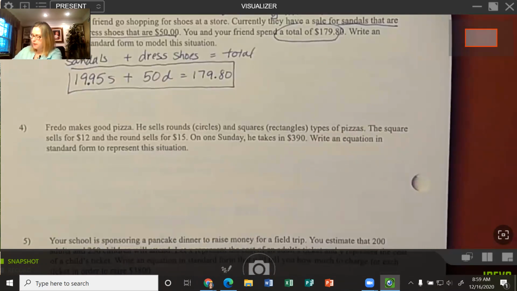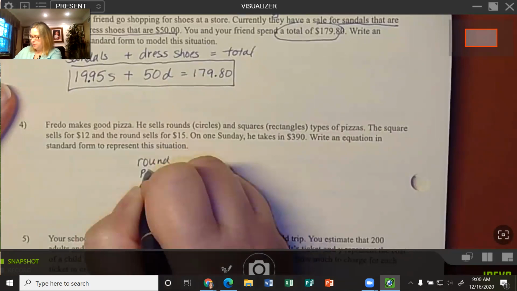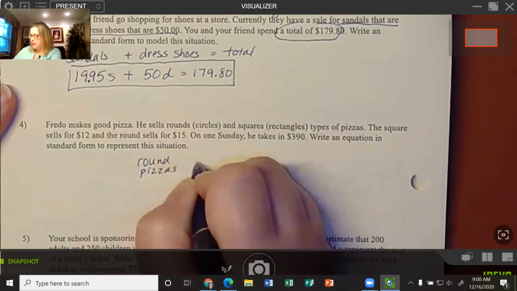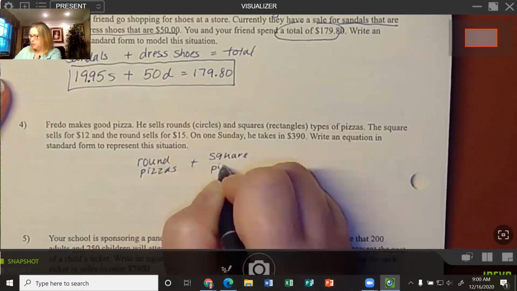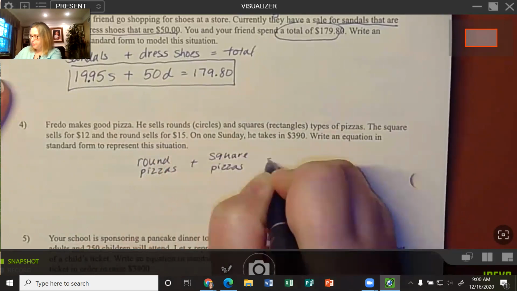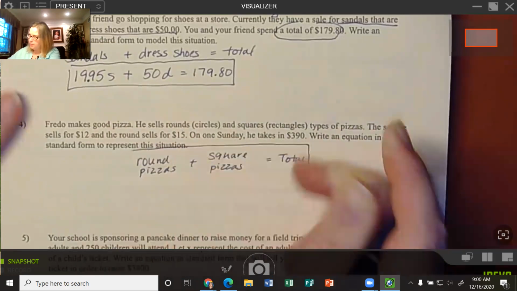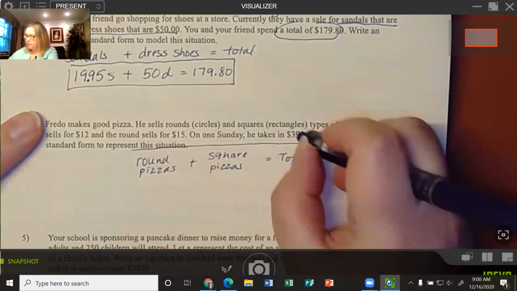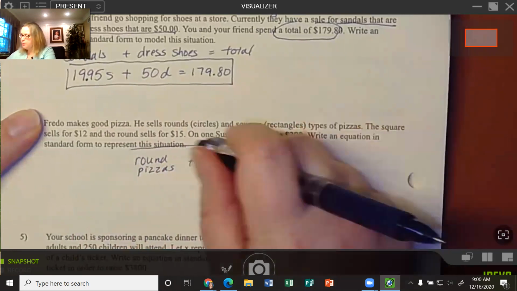Round pizzas plus square pizzas equals our total. Oops, I'm not boxing that in because that's not the answer. That would be our equation as a verbal model.